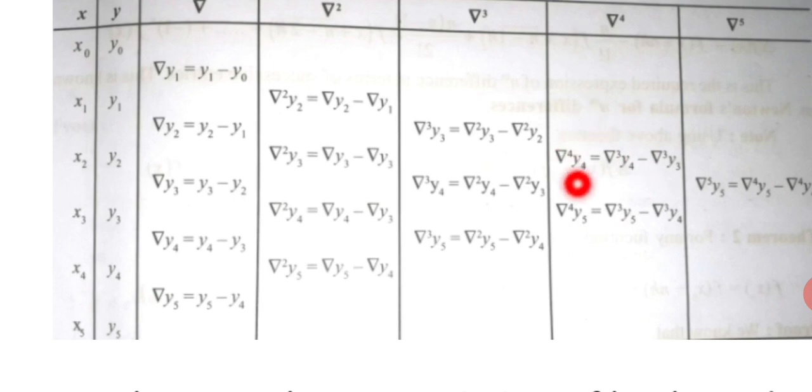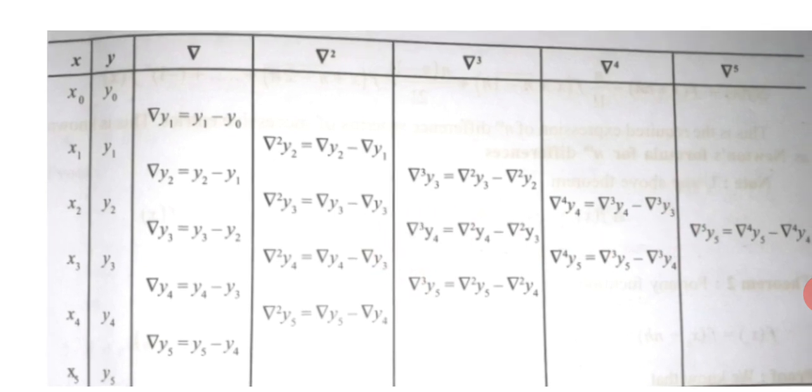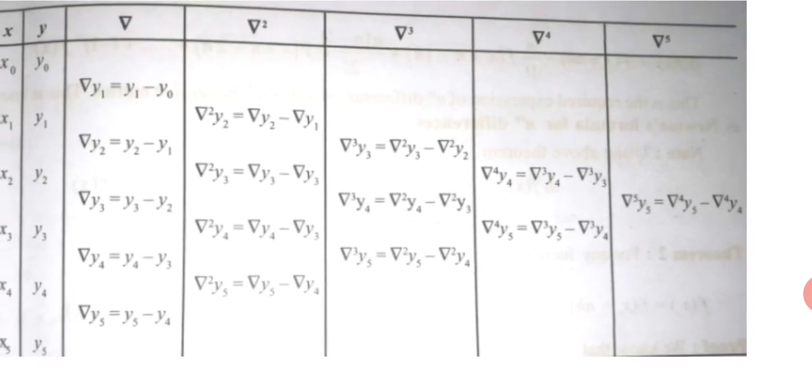Similarly, for the fourth order difference, if we want to find delta to the power of 4 of y5, we have to subtract delta cube of y4 from delta cube of y5. Similarly, the fifth order: delta to the power of 4 of y5 minus delta to the power of 4 of y4 gives you delta to the power of 5 of y5.